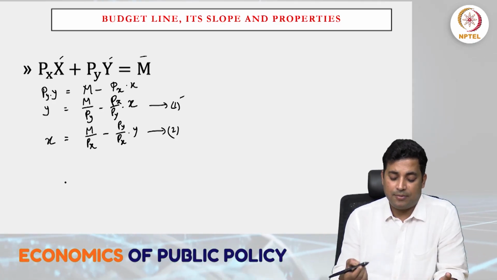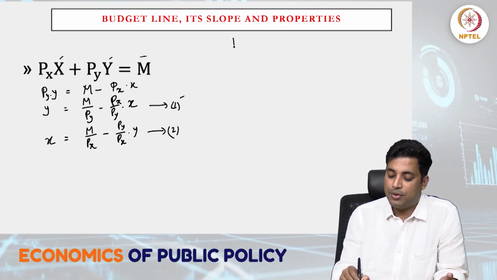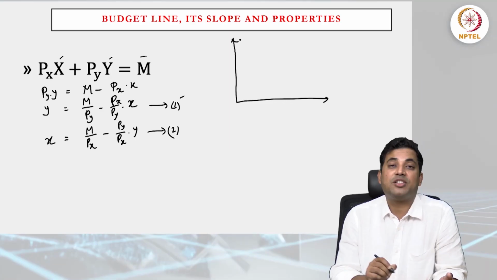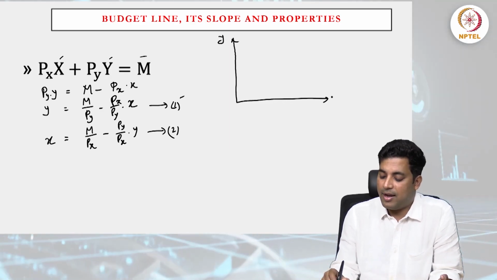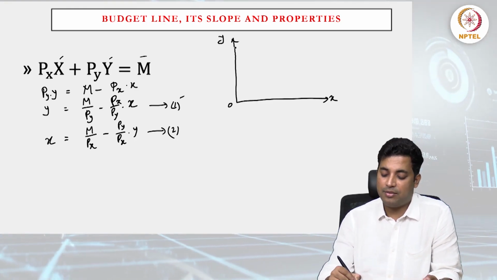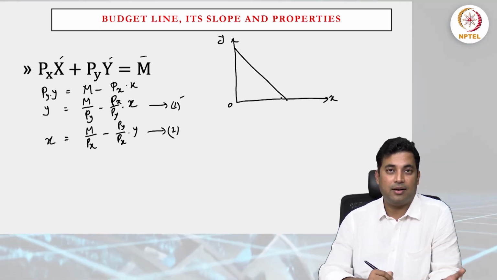Let's draw the budget line here. Suppose we measure Y along the vertical axis and X along the horizontal axis. The budget line will be a straight line, a linear function.